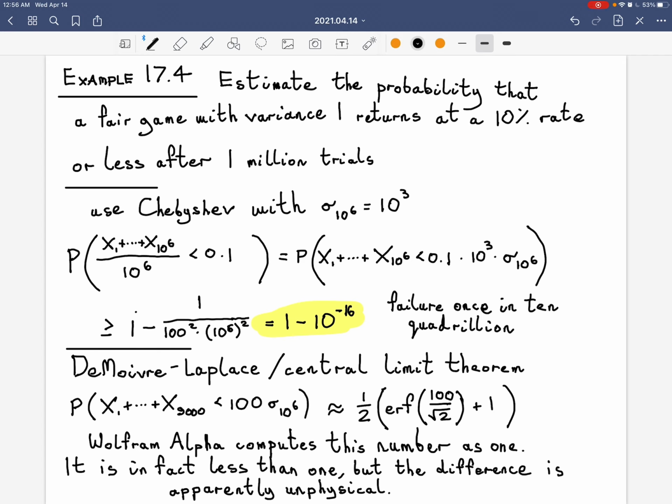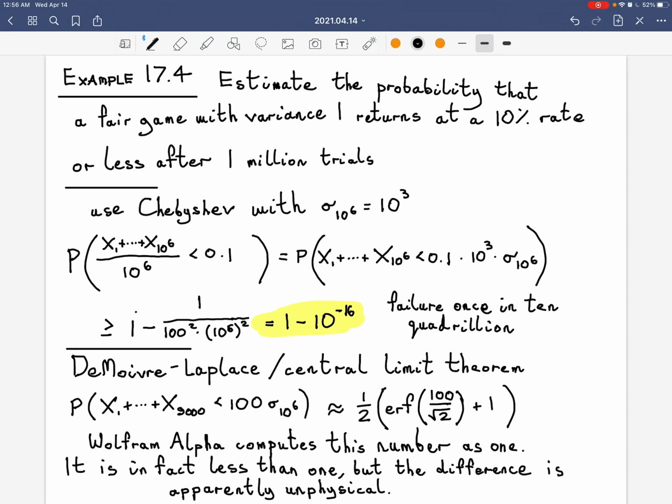But you can see the yellow notation there. When we're talking about really, really high probabilities, it's unnatural to write them as strings of nines. You have this kind of complementary scientific notation where you write these probabilities as orders of magnitude in terms of the subtraction from 1. So we have this extraordinarily high probability that you miss a 10% rate target on a fair game after a million trials.